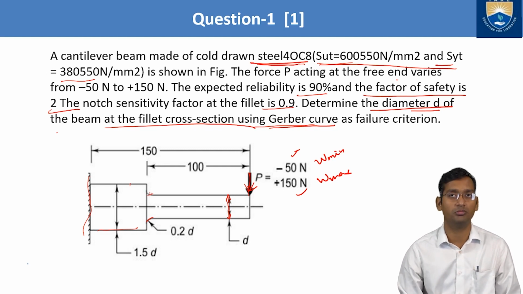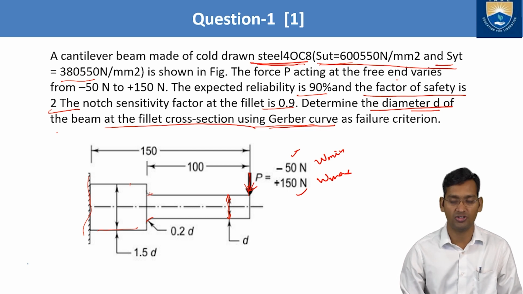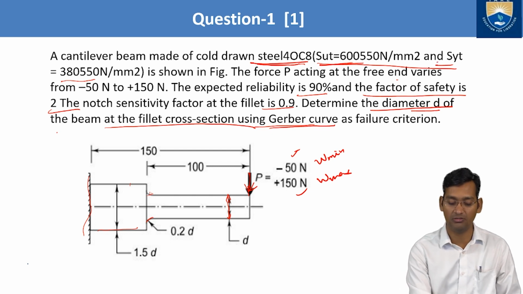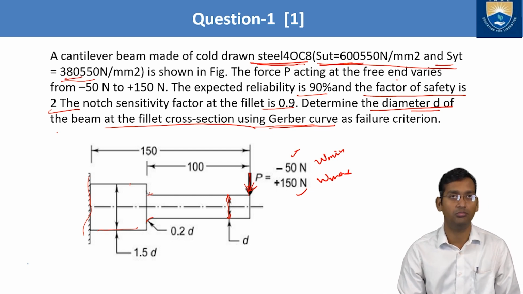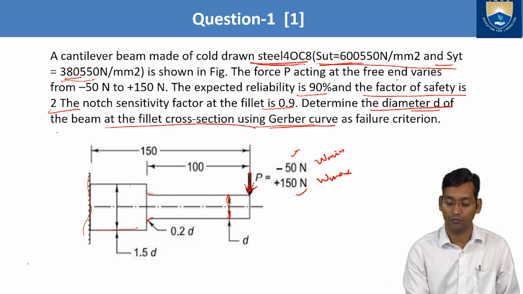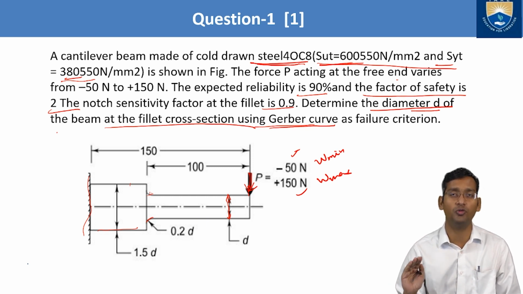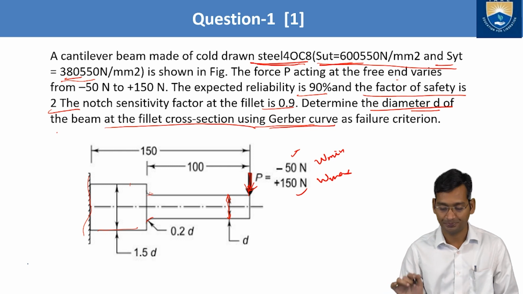You can get that value from the chart, or it will be given in the question. Here S ultimate is given as 600 Newton per mm square, and SYT is given as 380 Newton per mm square. The force P is acting here. The P value is given as variable: minus 50 will be the minimum and plus 150 the maximum.